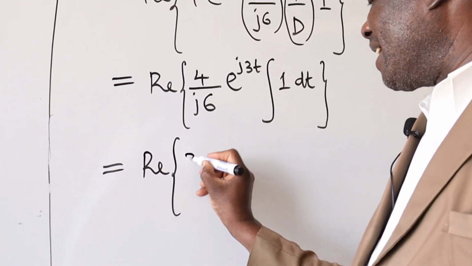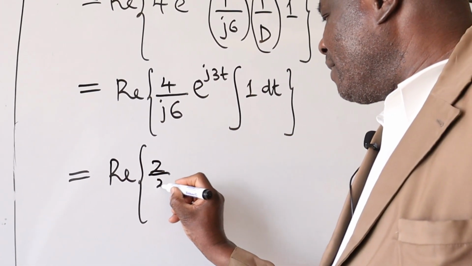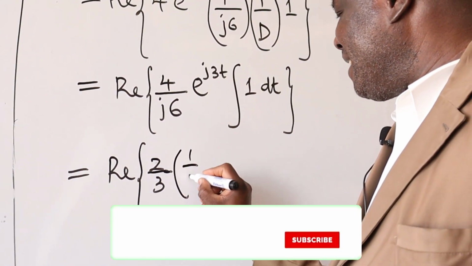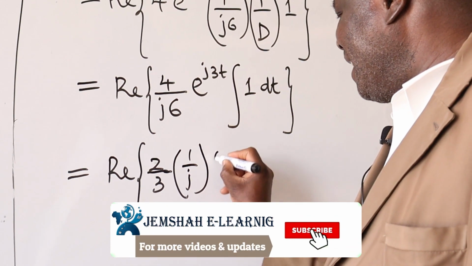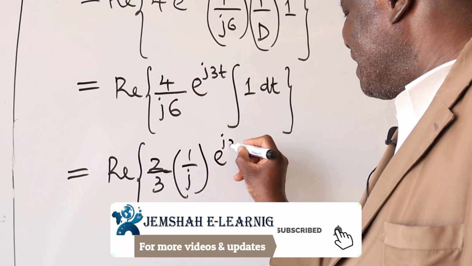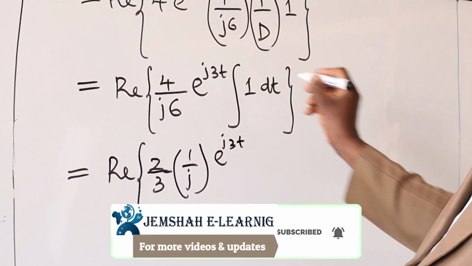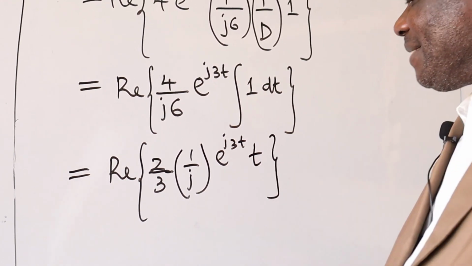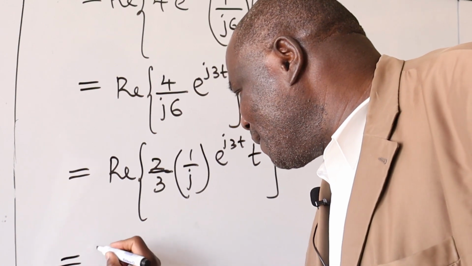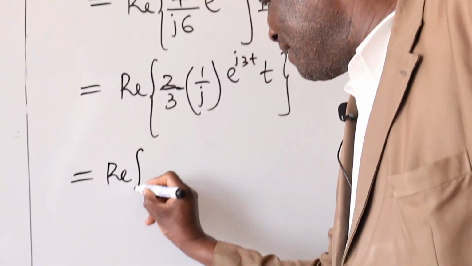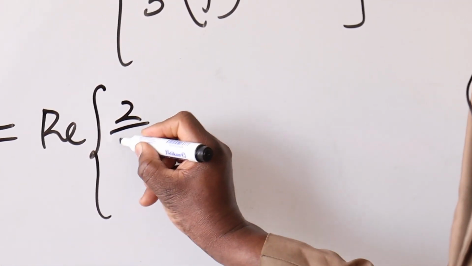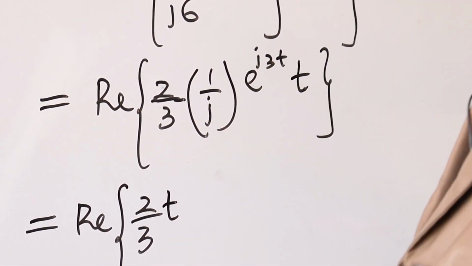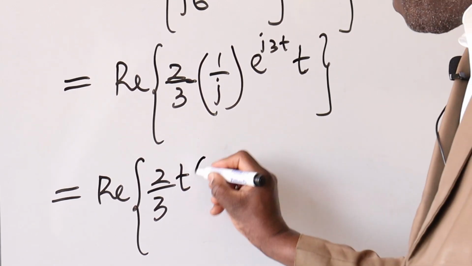This is 2 all over 3. Then we have here 1 all over j. Then we have here exponential j3t. The integral of 1 with respect to t is just t. We close. Which will be equal to the real part of 2 all over 3, we have t here. 1 all over j is the same as minus j.